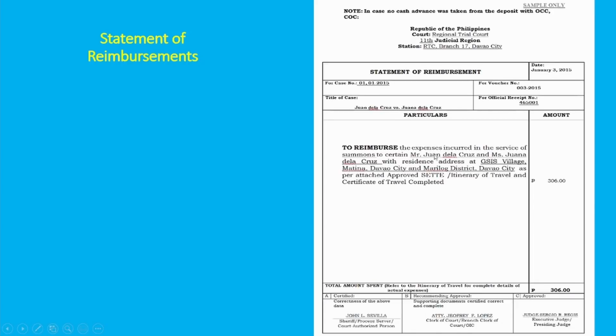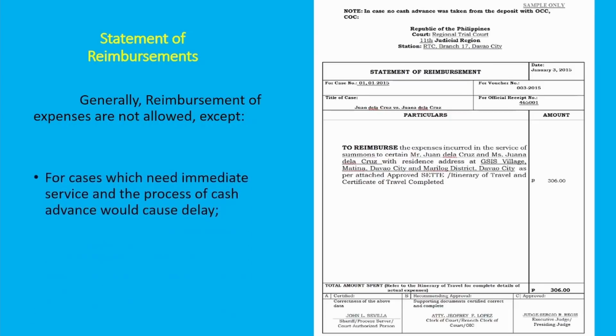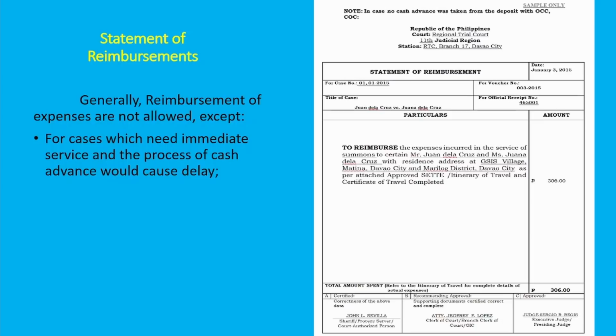If the cash advance is not availed of, you can reimburse what you have incurred in the service of court processes. Generally, reimbursement of expenses is not allowed except for cases which need immediate service and the process of cash advance would cause delay.